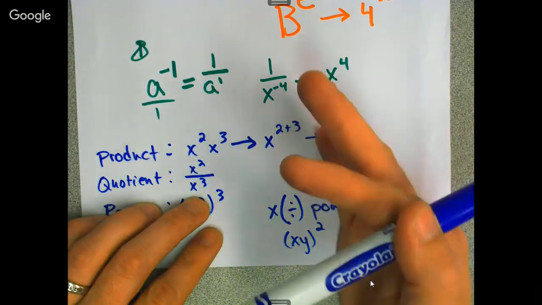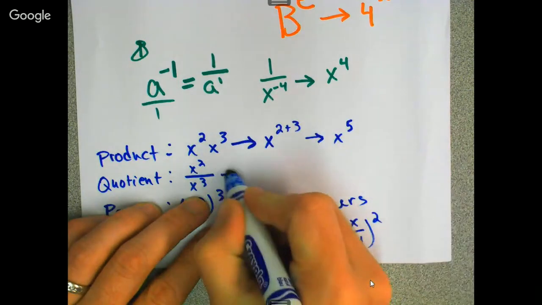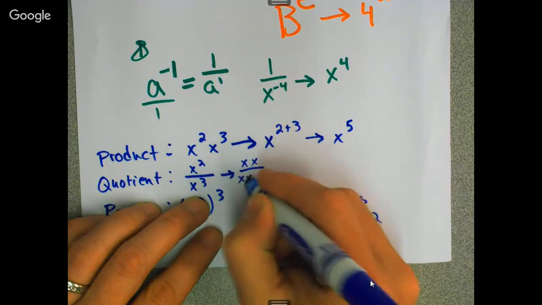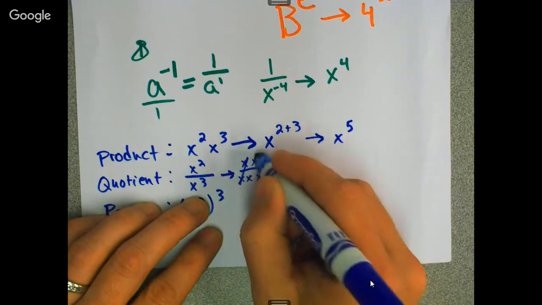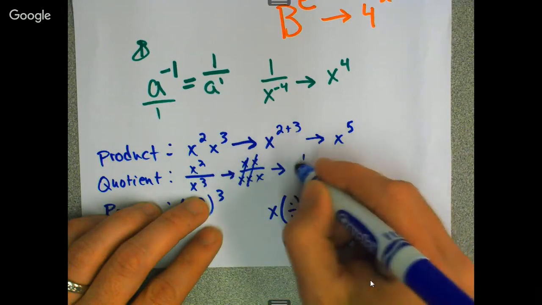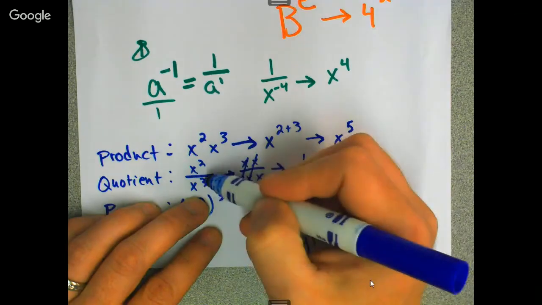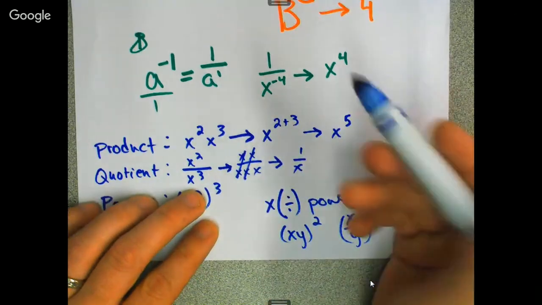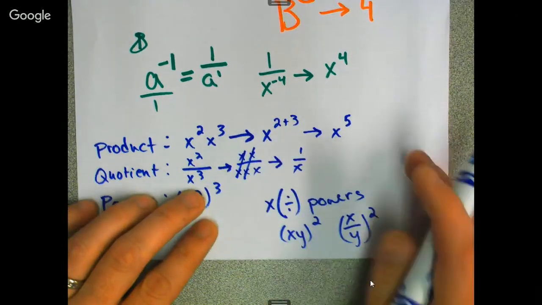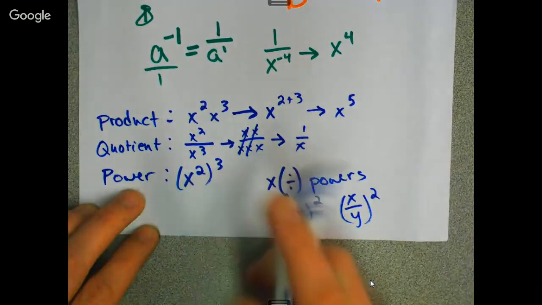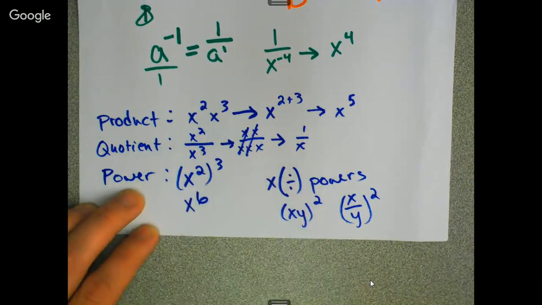Where are there more? And that's where they'll be. So I think of this as like there's 2 x's in the top, there's 3 in the bottom. These will cancel, and you're left with 1 x in the bottom. Okay? A lot of people just say you subtract them and then put them wherever the bigger number is. To me, this is just easier to visualize. Okay. Power to a power, you just multiply the exponent. So this is x to the 6th.